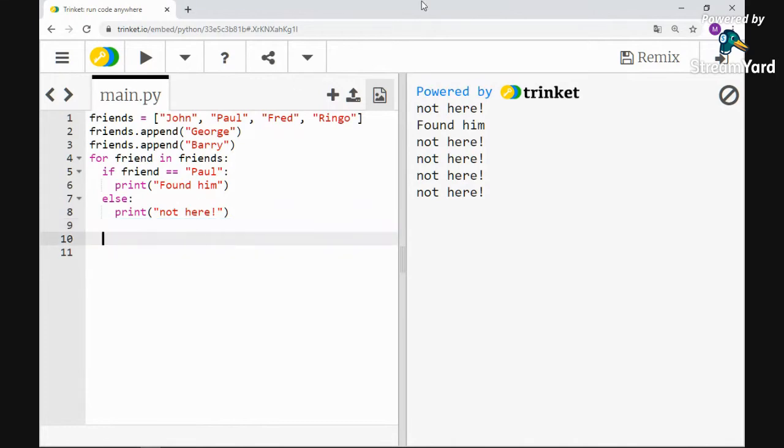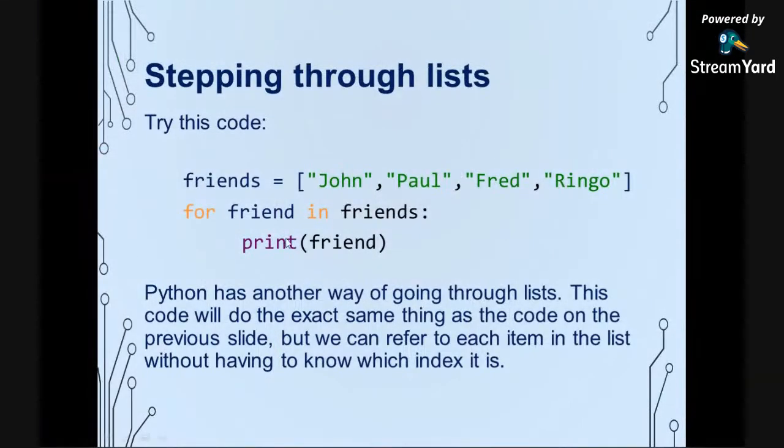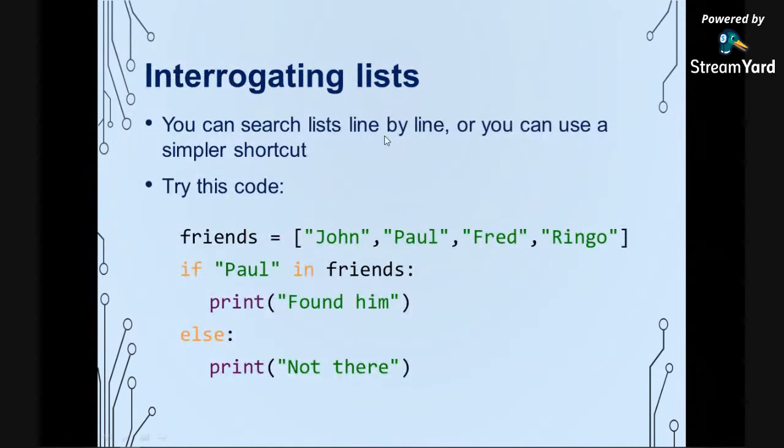So what we want Python to be able to do is look through. We've just done searching our list line by line, or we can use our simplest shortcut, where we say if the value we are looking for is in the list that we are searching, then we're going to print out "found him." Otherwise, we're going to say he's not there.